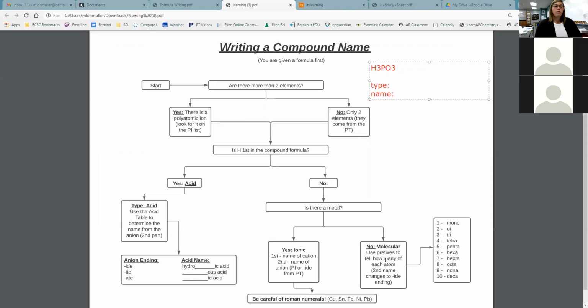But when it's ionic or molecular and it just comes from the periodic table, like we just did fluoride, okay? If it's second in the compound, then that's when you change it to IDE. So if it's from the periodic table and it's second in the formula, then you would change it to IDE. That's a good question.